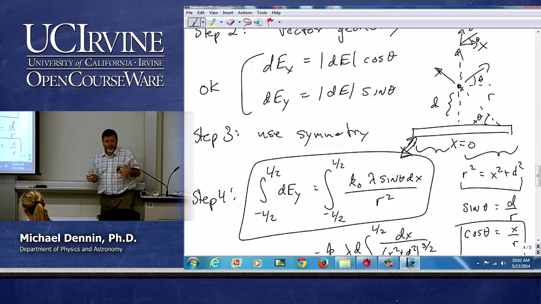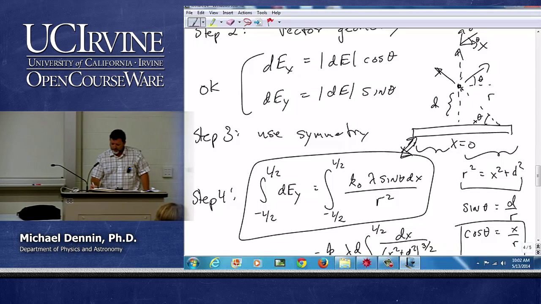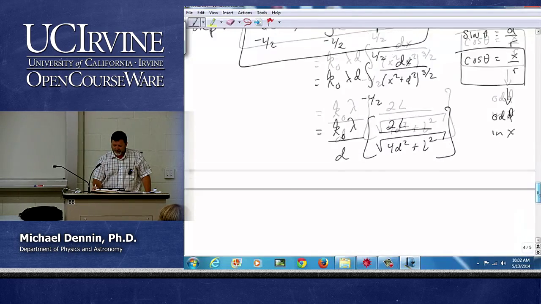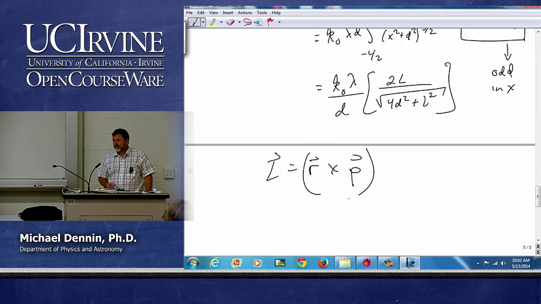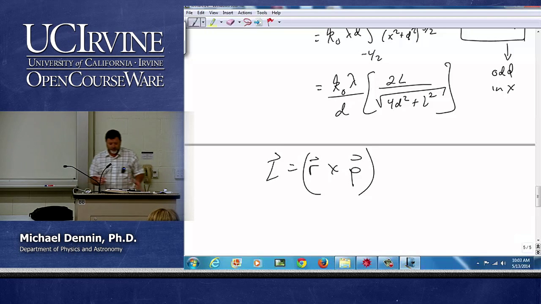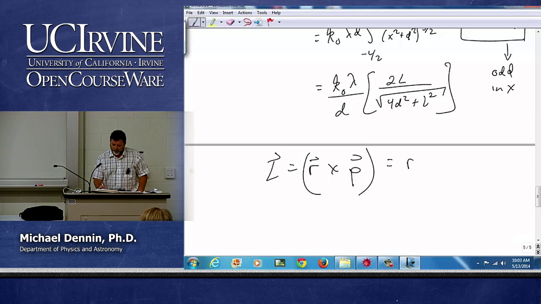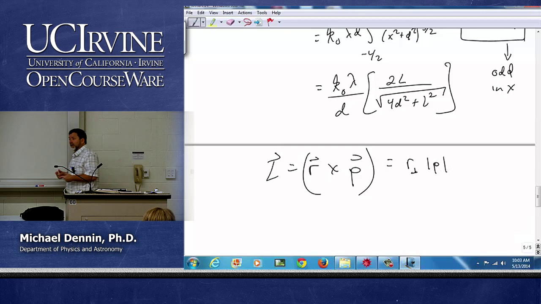The other thing that's important in this practice is occasionally taking advantage of things like, angular momentum is r cross p. Right? That can be written in component notation, but if you also remember that this is r perpendicular times the magnitude of p, sometimes that can help simplify the integral a lot.